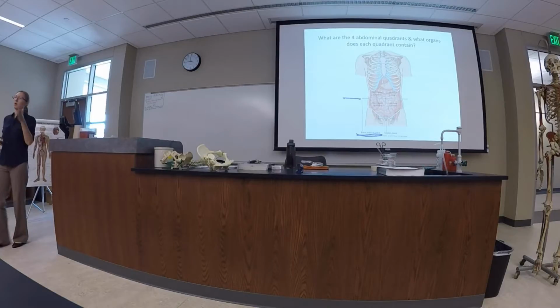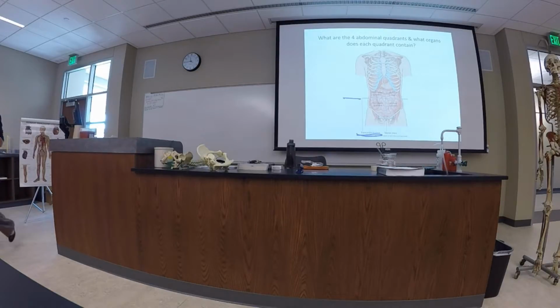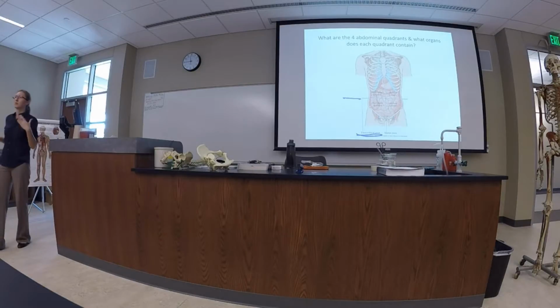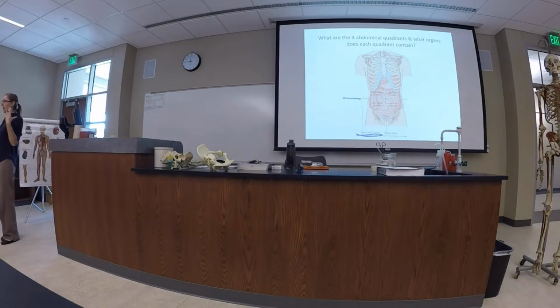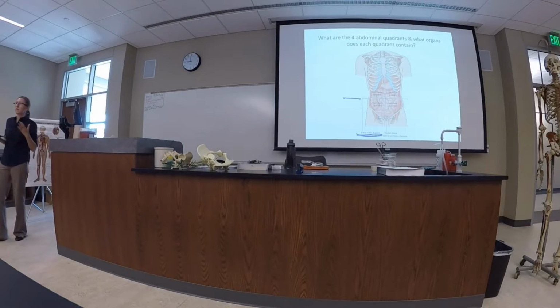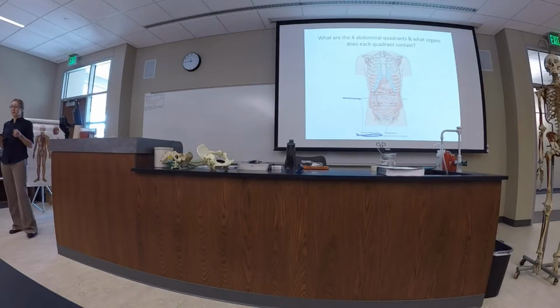Okay, so know what organs are in each of those. In practice, a lot of times they're talking about regions or quadrants of the body where there's pain, where there's a mass. You need to know what structures could be having that pain, or what could have that mass, what's underlying that region of the surface anatomy, so that you can make an informed decision about potential diagnoses.